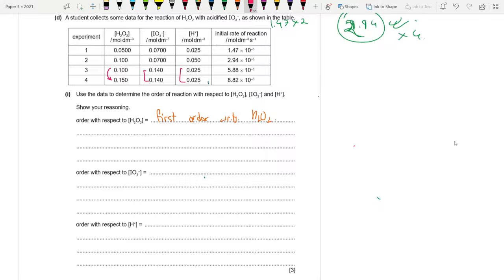Using experiment 3 and 4, what happened? Change in concentration is 1.5 times. How exactly? 0.150 divided by 0.100 is a change of 1.5 times.